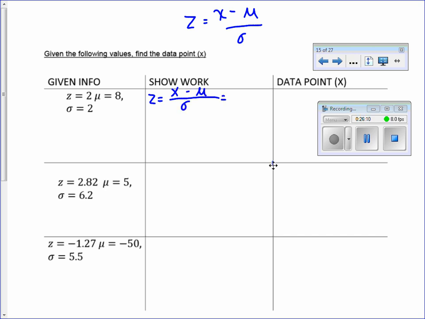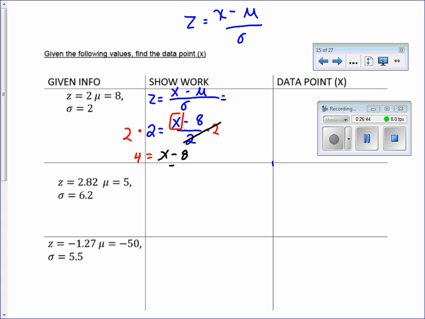So we have 2 equals x minus 8 divided by 2. Basically, we're dividing by a number and solving for a variable. You're going to multiply by 2 on both sides, and you'll see we do the same thing each time. 2 times 2 is 4 equals, these cancel, x minus 8.